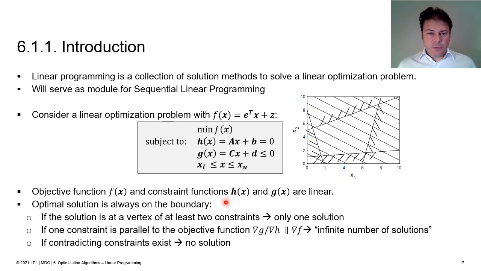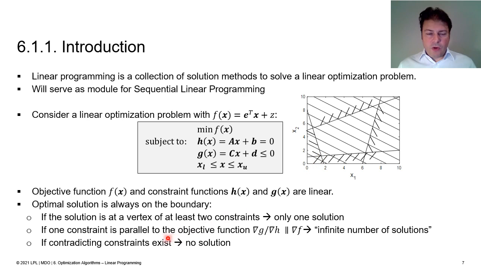So we know that for this type of problem, an optimal solution is always on the boundary. So that means the solution is either a vertex, that means it's the intersection of two constraints, and then there is only one solution.